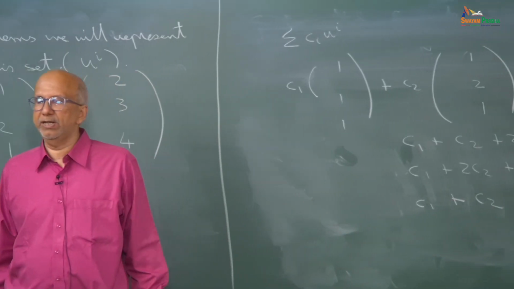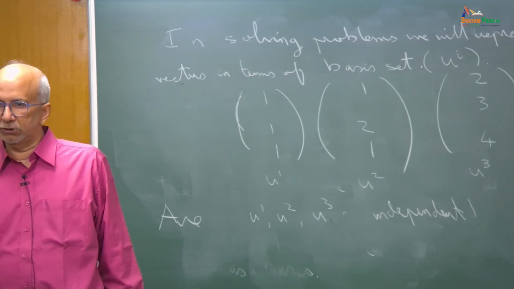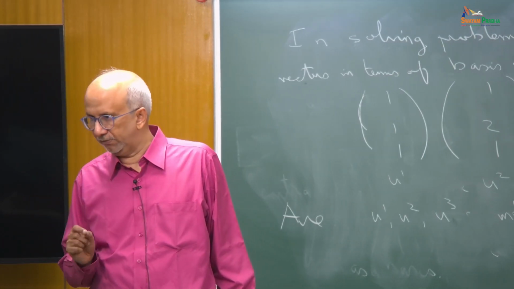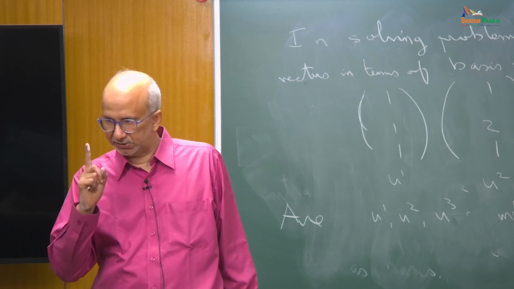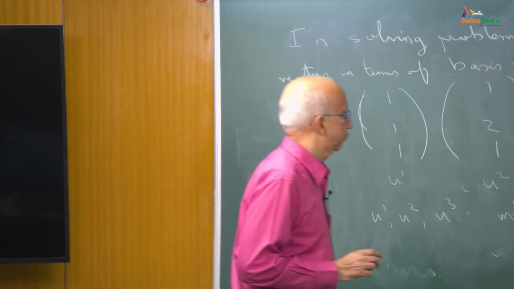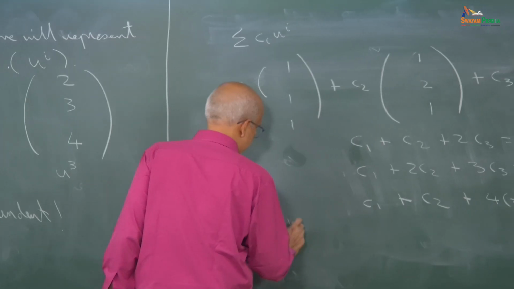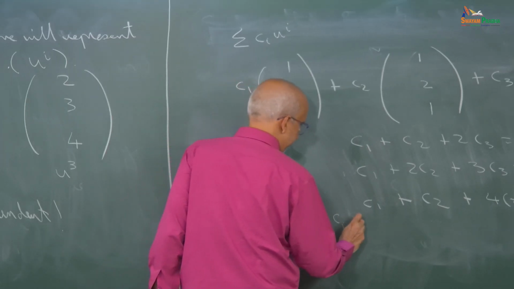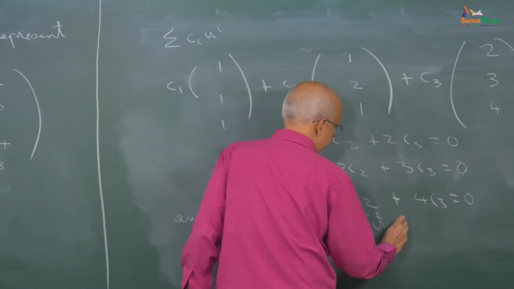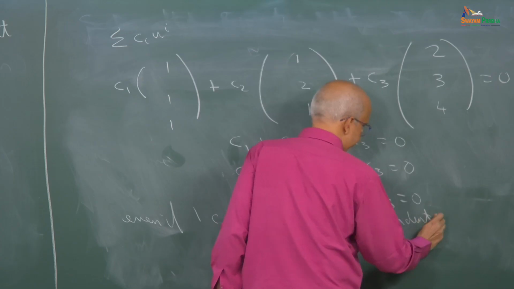My job is to find the Ci's and to see if I can have a non-zero Ci. If I can get a non-zero Ci which satisfies these equations, even if one Ci is non-zero, it is dependent.